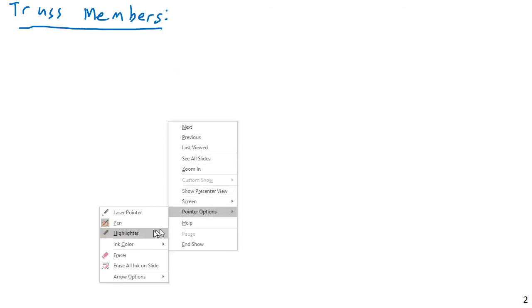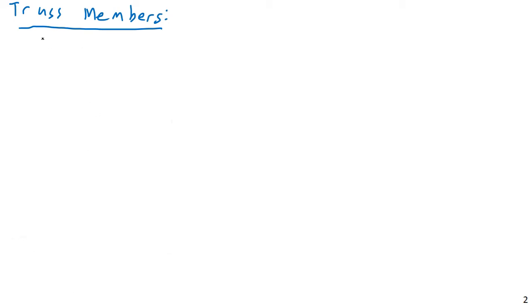And I'm going to bring this back to our discussion of members and member internal forces. So truss members are defined by their particular end support conditions. Truss members are defined by end conditions.